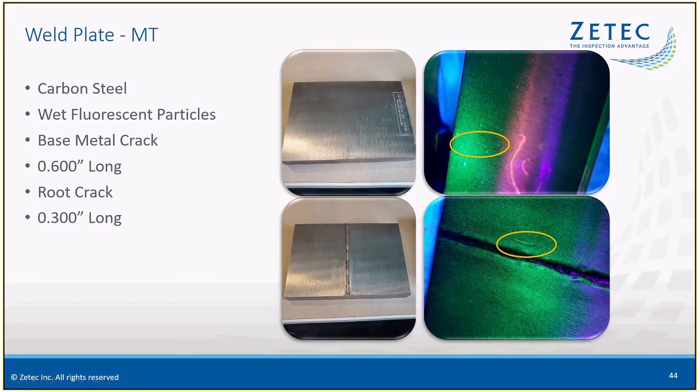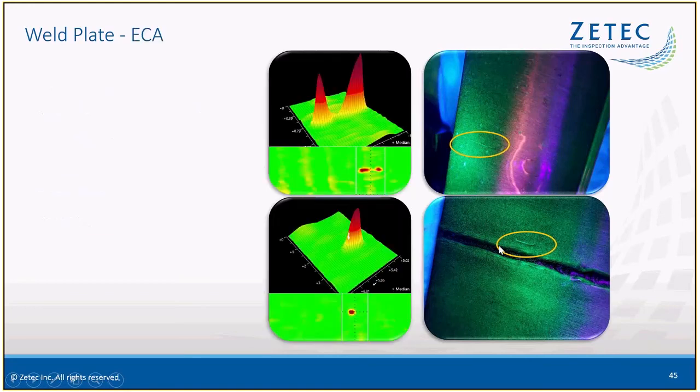And so here you can see with the magnetic particle testing, it looks like two different cracks. But you look at it with eddy current array, and the base metal crack is actually two cracks that have almost joined together or just barely joined together.